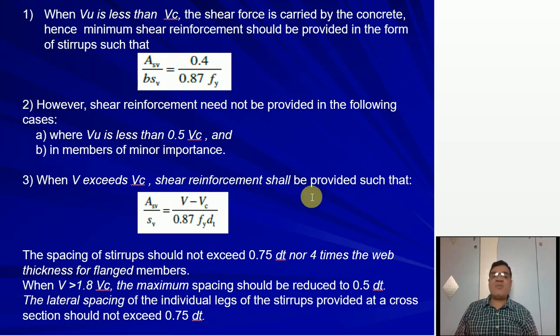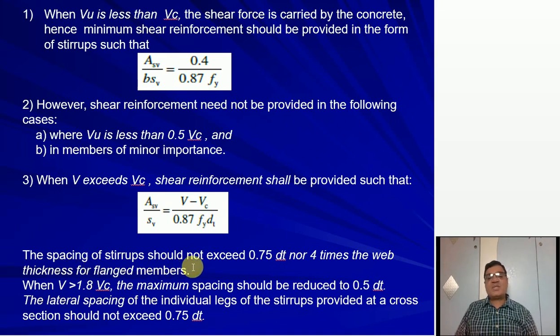The equation is Asv divided by sv is equal to V minus Vc divided by 0.87 fy into dt. Here dt is the distance from the extreme compression fiber to the center of the shear reinforcement at bottom, or the longitudinal reinforcement, whichever is higher.